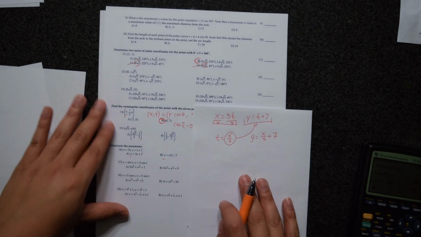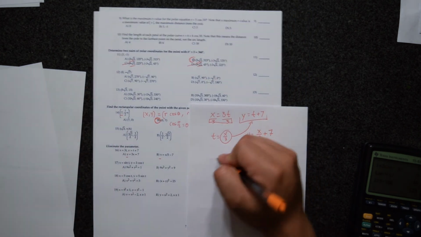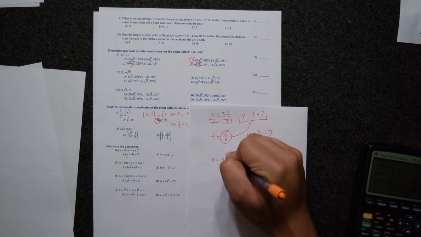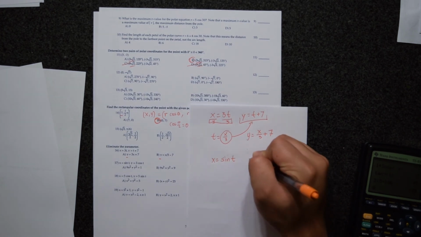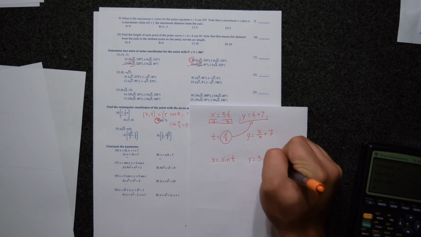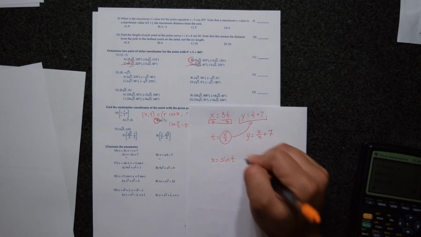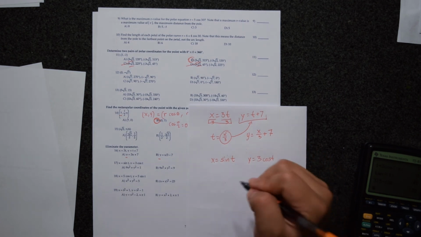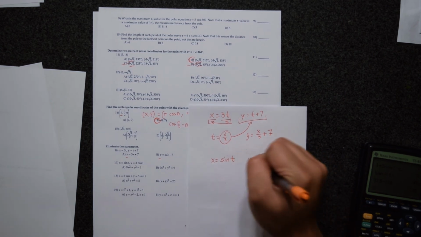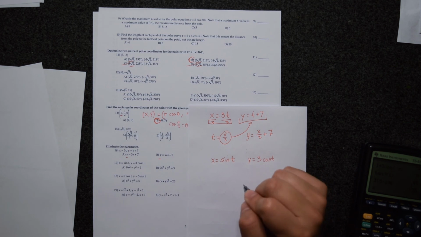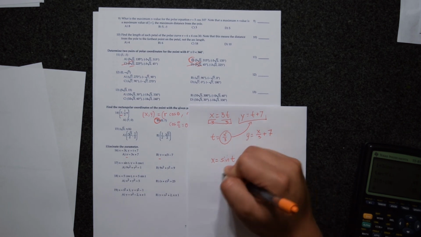Now when we have something like number 17, where x is equal to the sine of t and y is equal to 3 times the cosine of t, always remember that we're trying to eliminate the t by turning this into one of our trigonometric identities.